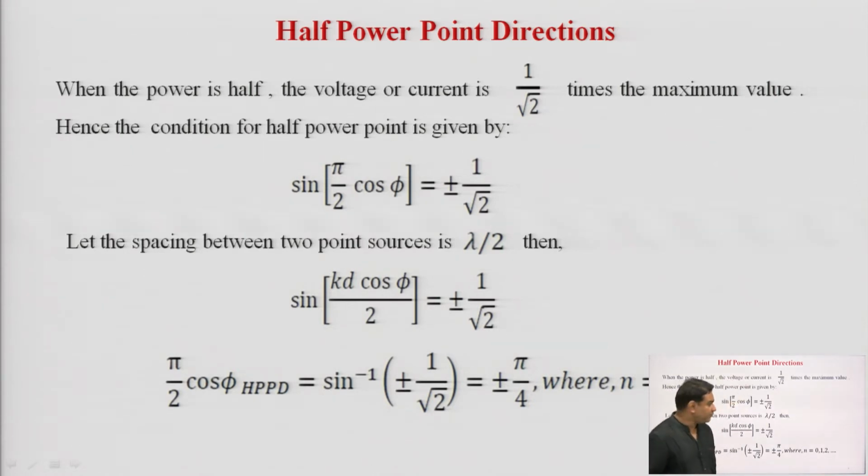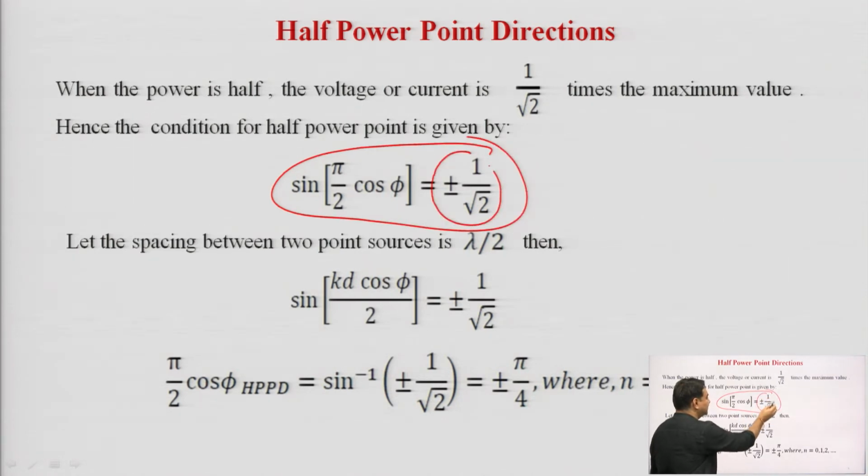And when we put the expressions in this manner, the field strength becomes plus minus 1 by root 2, then sin(pi by 2 cos phi) is equal to plus minus 1 by root 2, and it is simply noted as pi by 2 cos phi at half power points is sin inverse plus minus 1 by root 2, equal to plus minus pi by 4, where n is equal to 0, 1, 2, 3, 4 and so on.